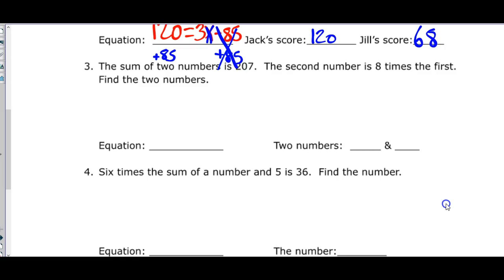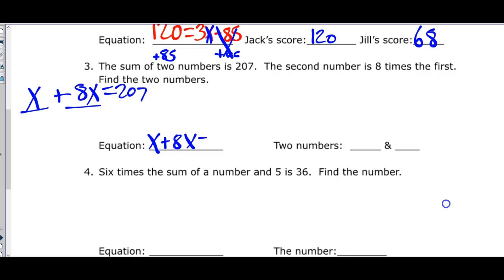The sum of two numbers is 207. That means I have blank plus blank is 207. The second number is 8 times the first. That means the first is going to be x. So the sum is going to add up to be 207. So x plus 8x equals 207. There's my equation.